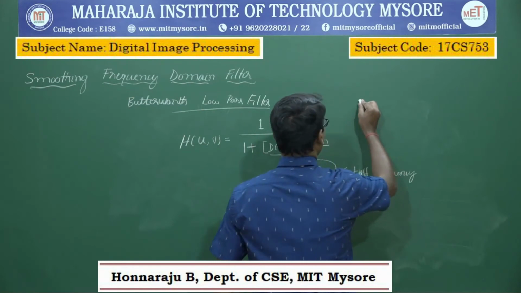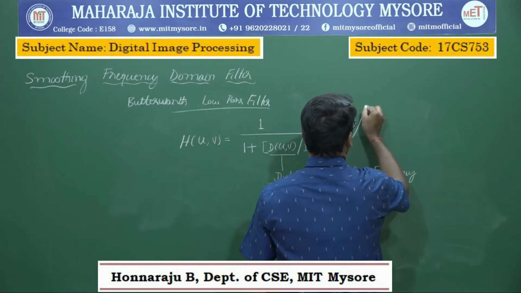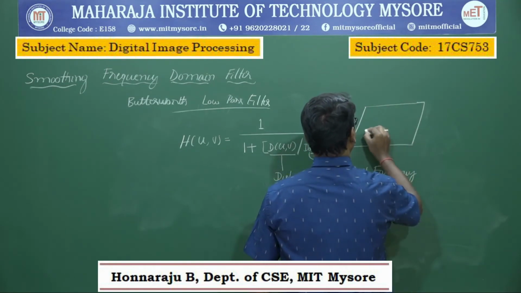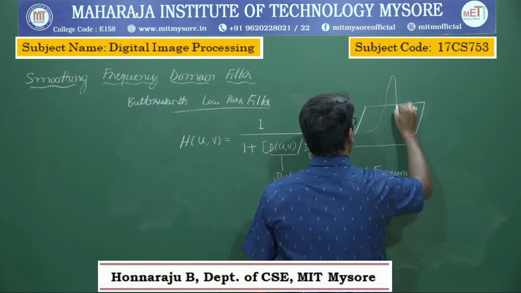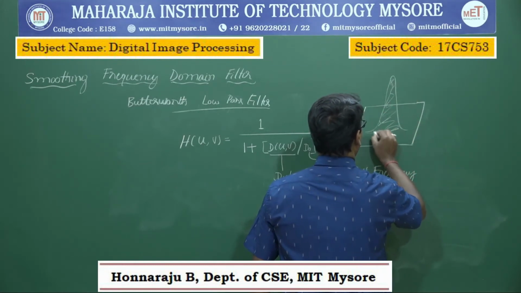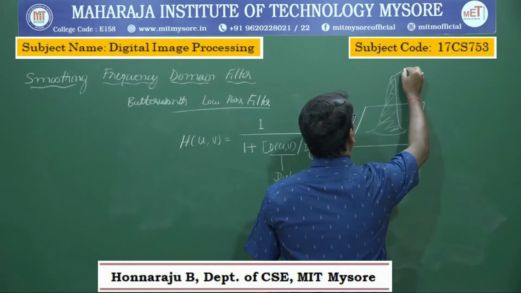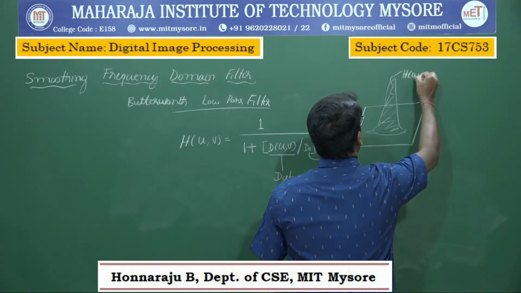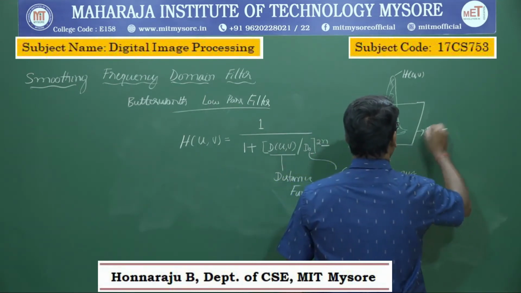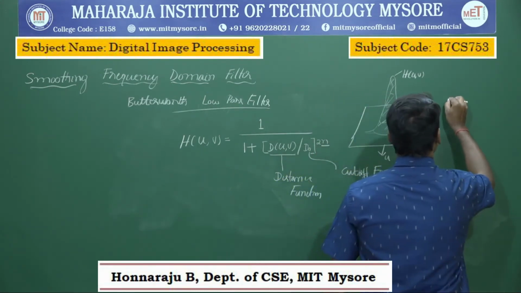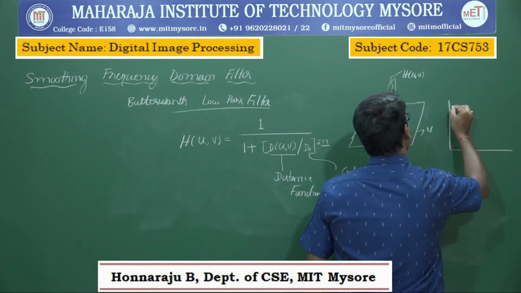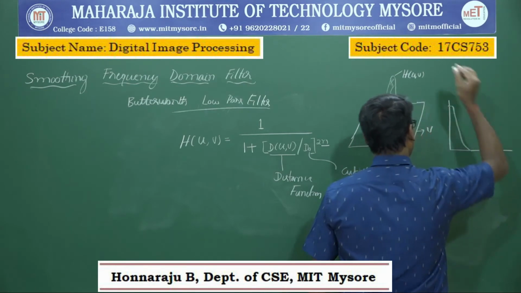So in the Butterworth low pass filter, this is h of u comma v, with u and v. In the Butterworth low pass filter, the output depends upon the order.